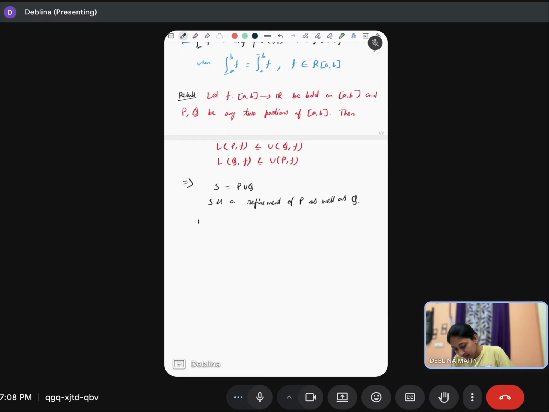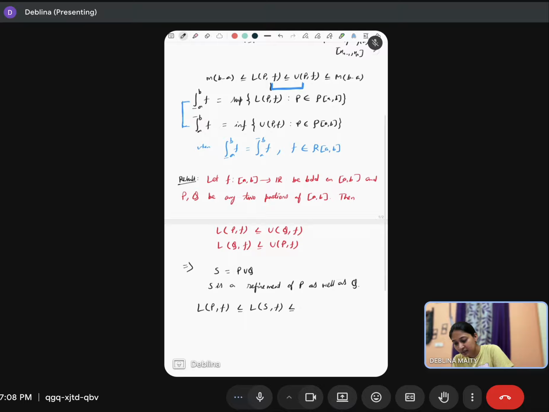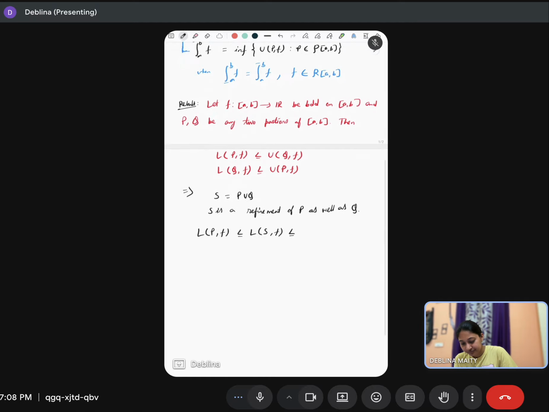Now L(P, f) is less than or equal to L(S, f) because after refinement the lower sum increases. And L(S, f) is always less than or equal to U(S, f).